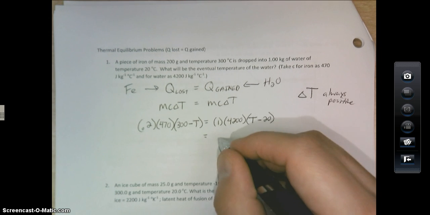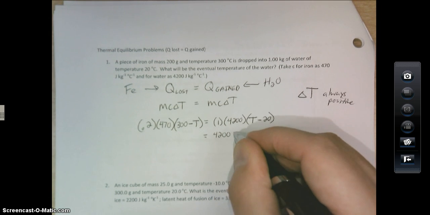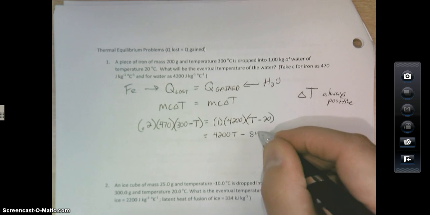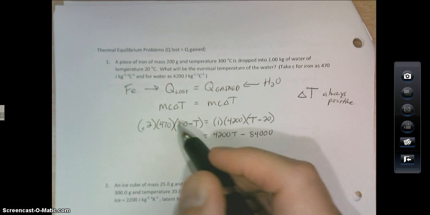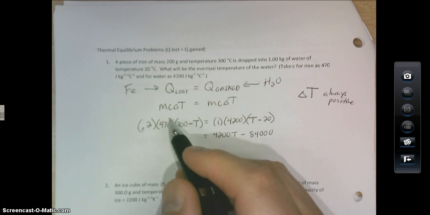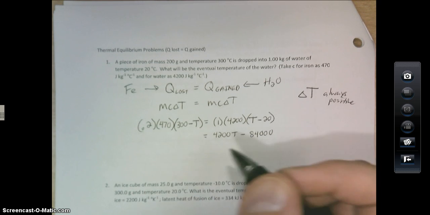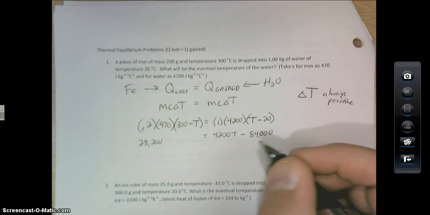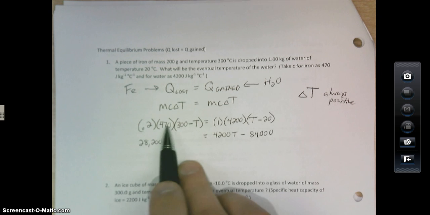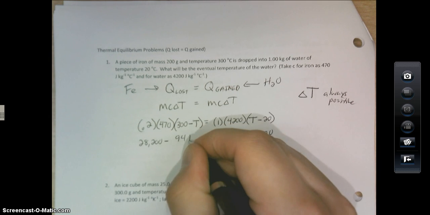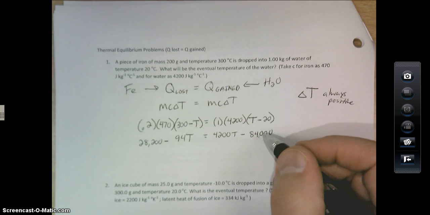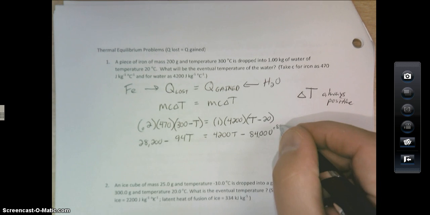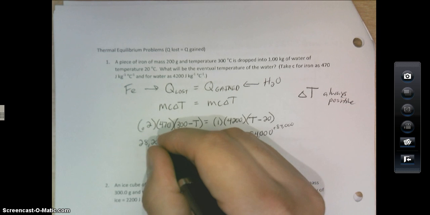Over here, on this side, we've got 4,200t, and then 4,200 times 20 gives us this value. Over here, do the 0.2 times 470 first, and then multiply that by 300, and you get 28,200. And the same thing times t, it's 94t. Now I can bring this over to the other side. So add 84,000 on both sides.